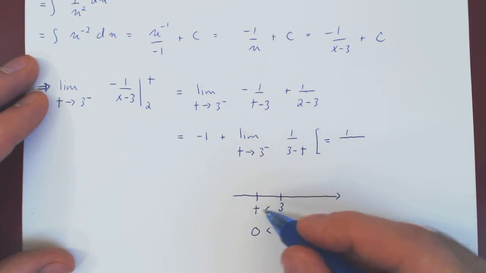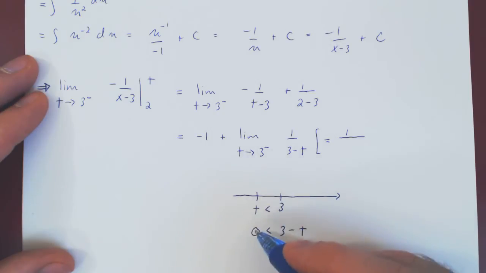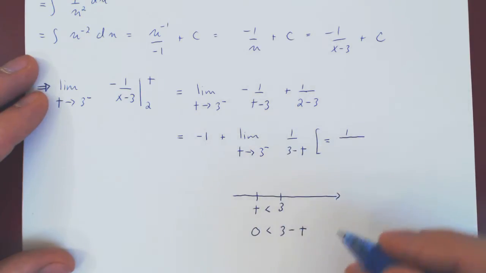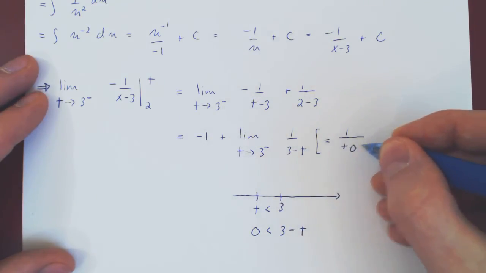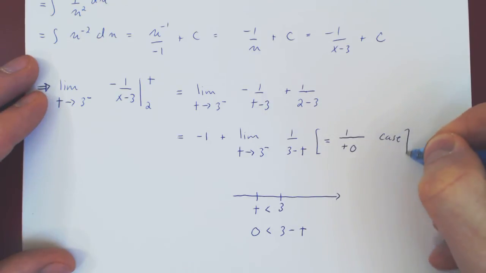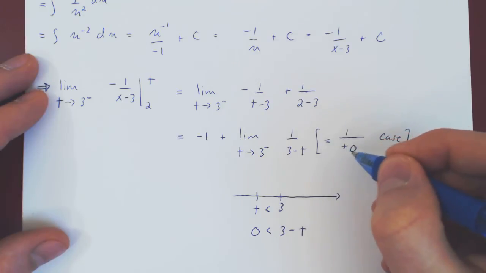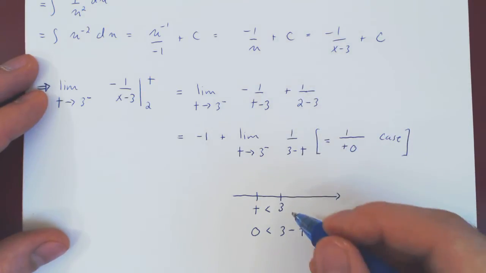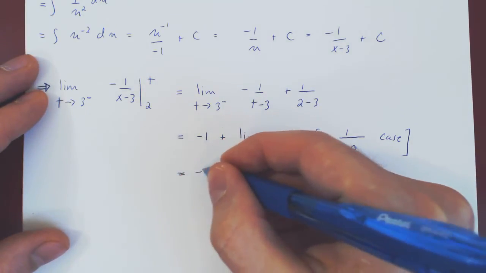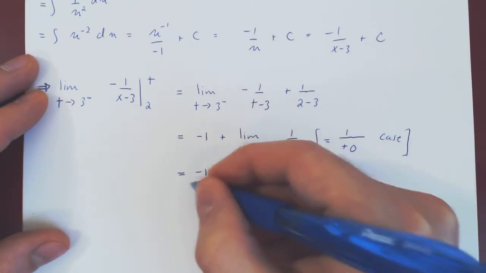As 3 is larger than t, 3 minus t is bigger than 0. So we have a 1 over positive 0 case. But 1 over something that shrinks to 0, always positive, will blow up to positive infinity. So in the end we have negative 1 plus infinity, so it's just positive infinity.